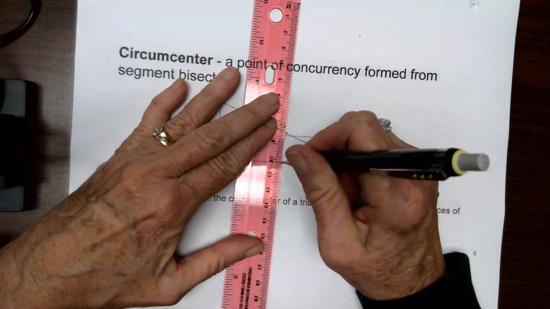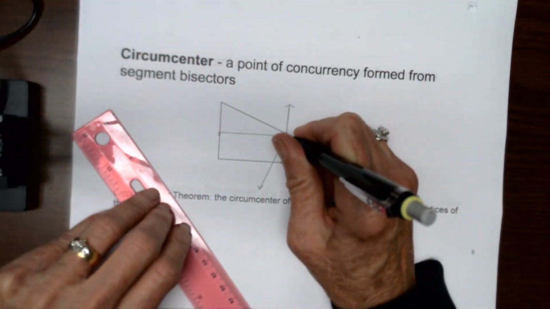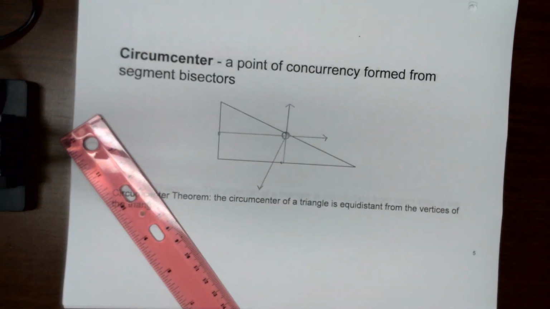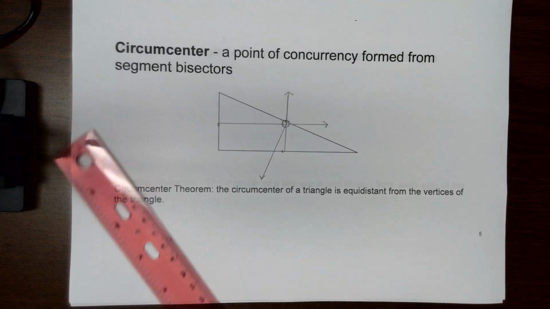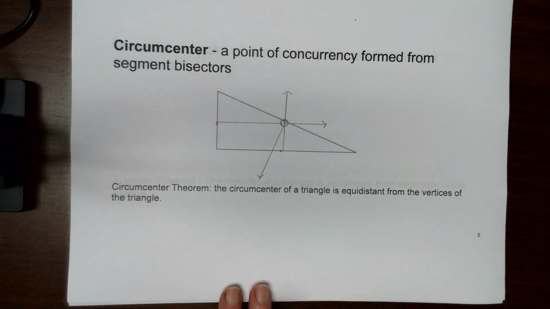And the point where these three lines cross, which looks like it would be right there, is what we would call the circumcenter of that triangle. The circumcenter theorem says the circumcenter of a triangle is equal distance from the vertices of that triangle.